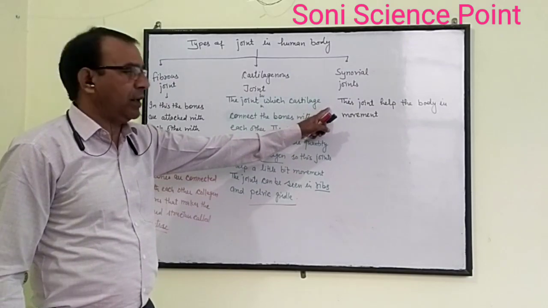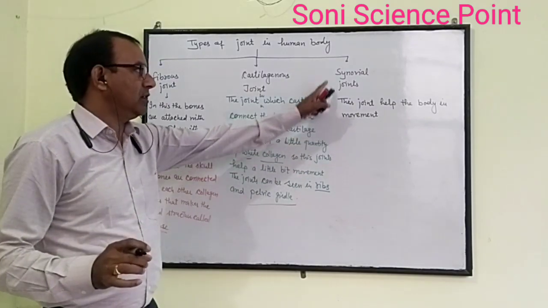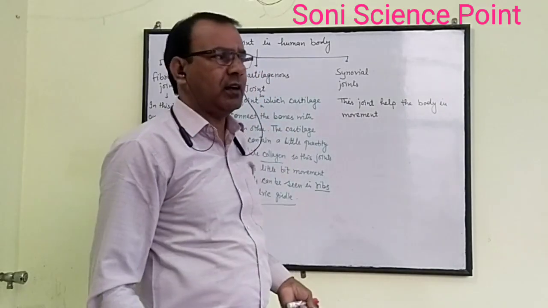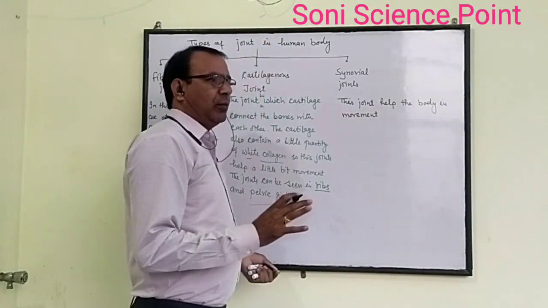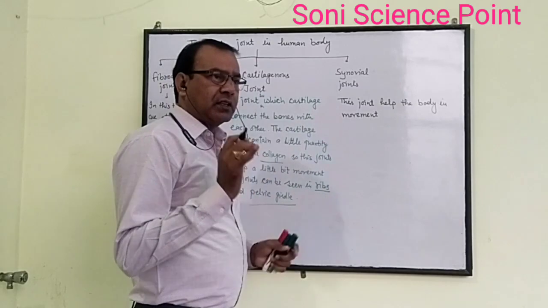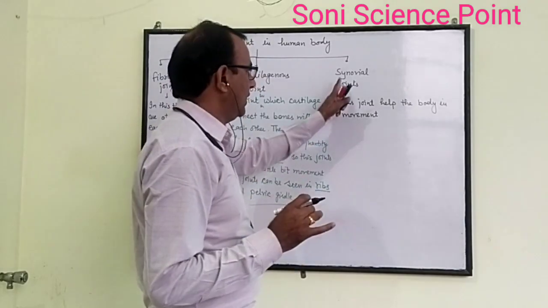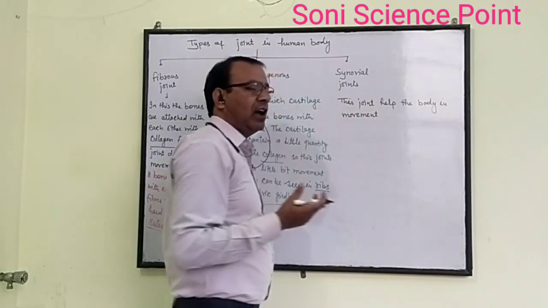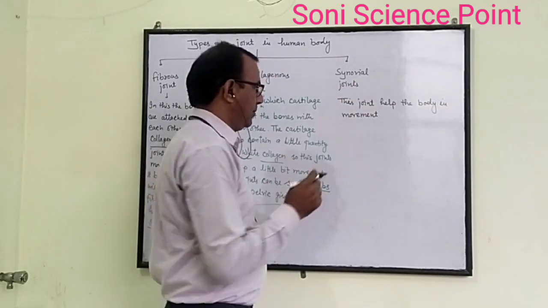All the skeletal parts that move contain synovial joints, for example, in our elbow, shoulder, knee, and all the body parts. If the skeletal system helps in movement, then it contains a synovial joint.